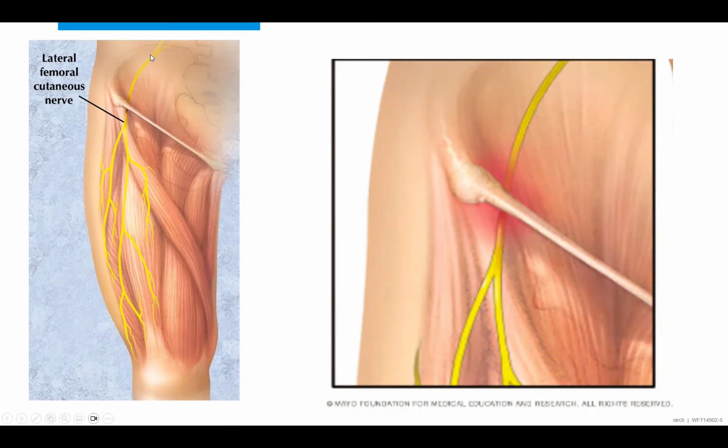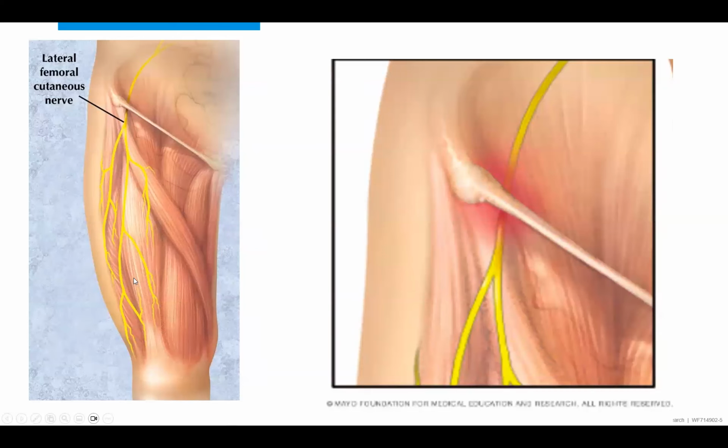It comes off of the plexus into the pelvic region, and it runs just underneath the inguinal ligament by the anterior superior iliac spine of the iliac bone, and then it runs underneath that inguinal ligament, and it has multiple branches supplying the sensation to the anterior lateral thigh.